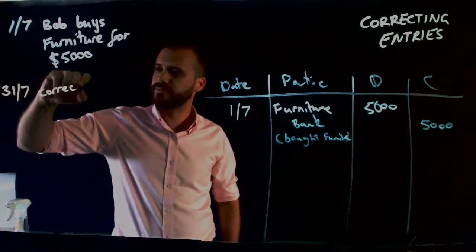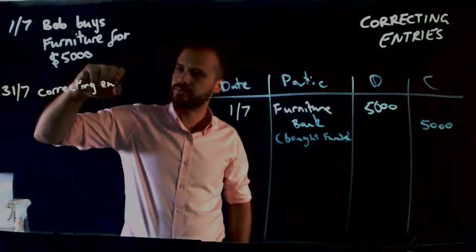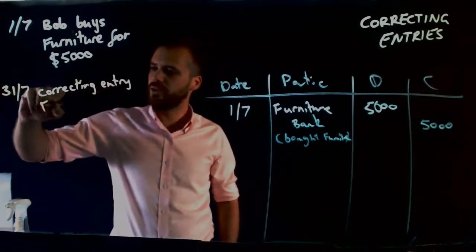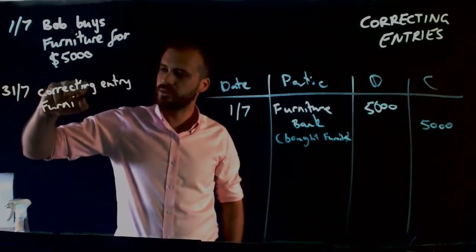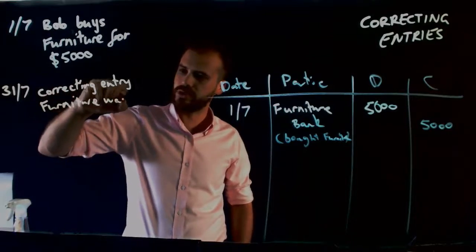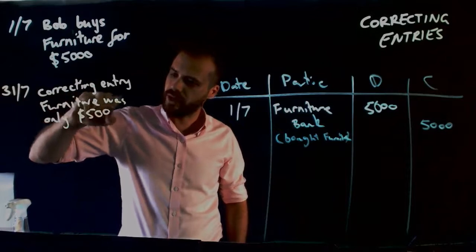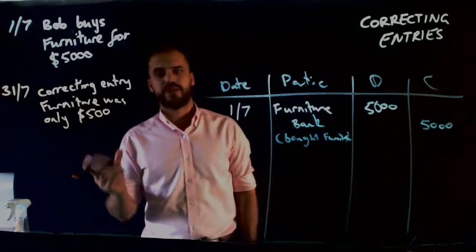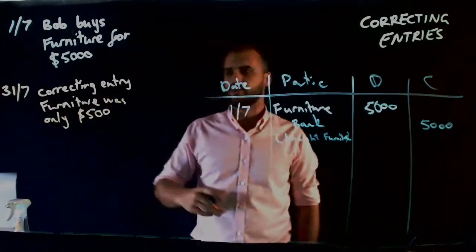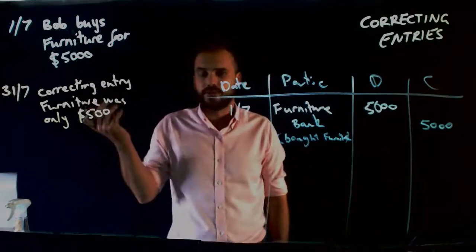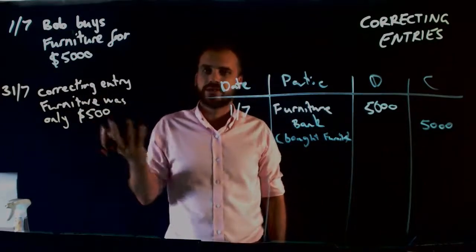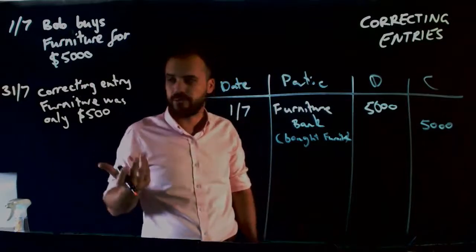Correcting entry, furniture was only $500. This happens pretty regularly. Someone misplaces a decimal point and the whole thing is 10 times more than it should be, or 10 times less, whatever it might be.